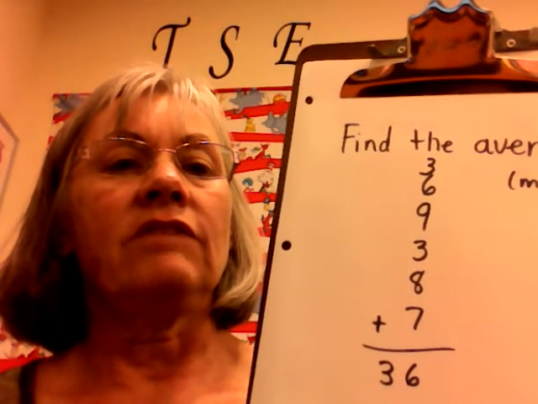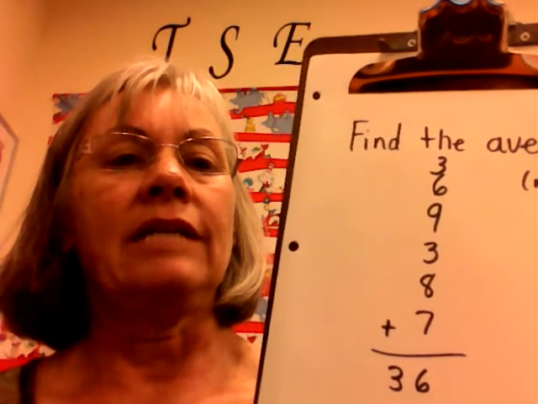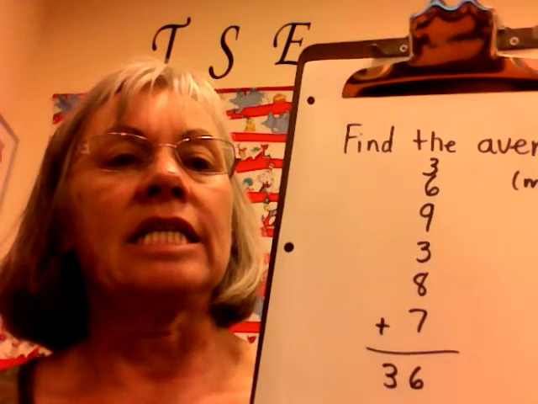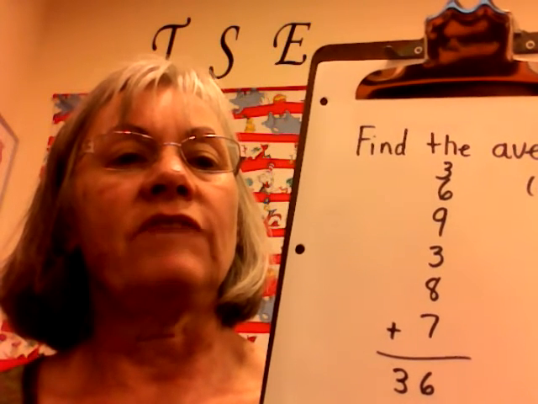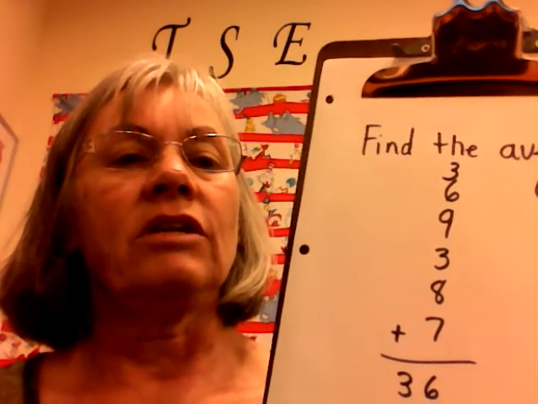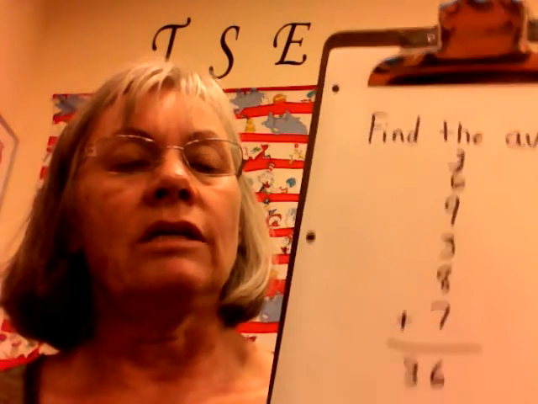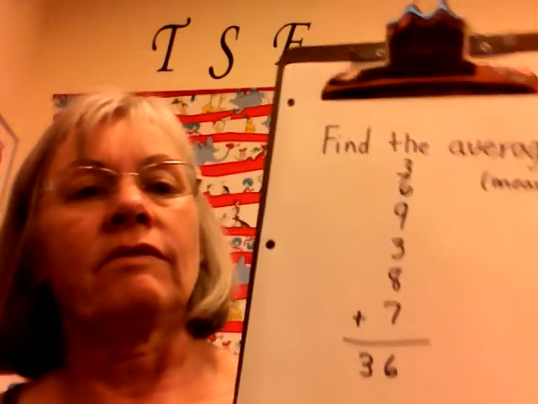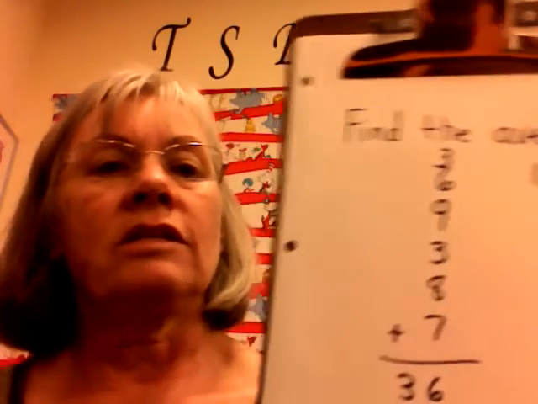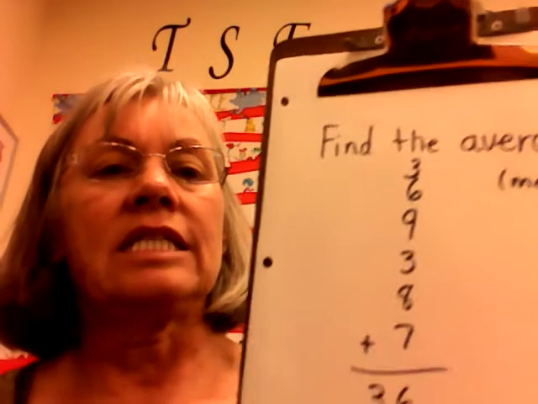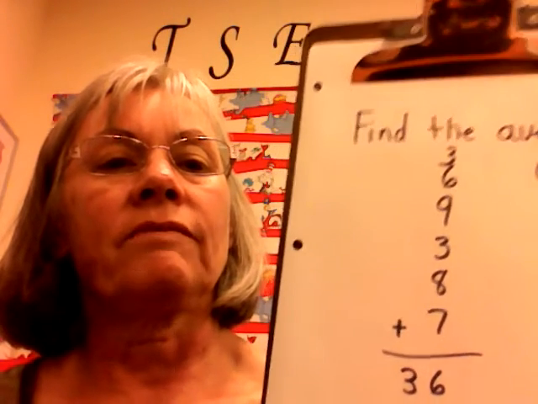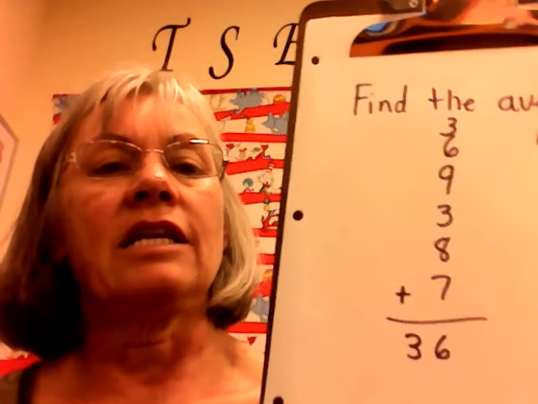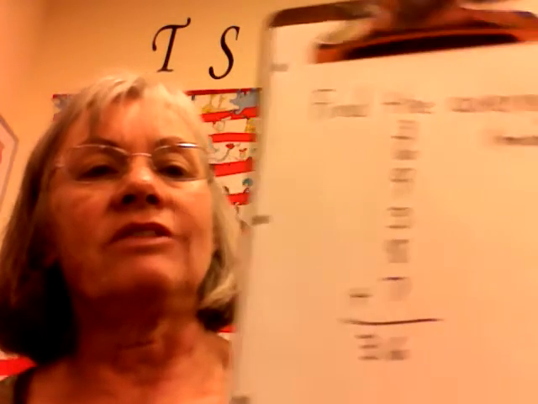I see a 7 and 3 at the bottom, that's a 10. I see a 9 and 6, that's a 15. That gives me 25. Then a 3 and a 3 is 6, 30, that's not right. Let's start at the top with our 9s. 3 and 6 is 9, another 9 is 18, 3 more, 21, and 15 with the 7 and 8 is indeed a total of 36.